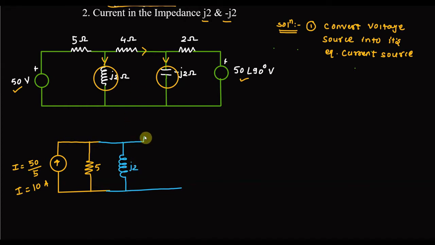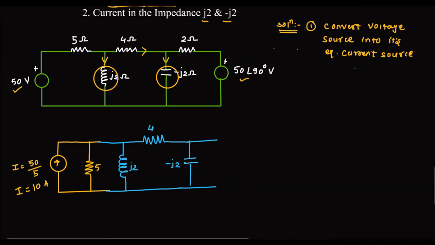Then there is this 4 ohm resistance. After that there is a capacitor whose value is minus j2. And then there is conversion of this voltage source into a current source.